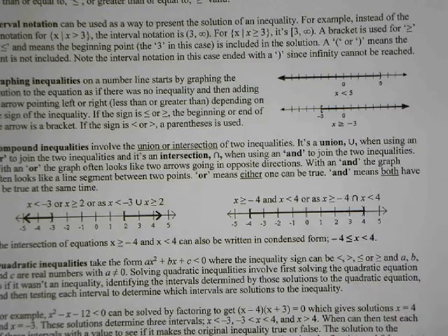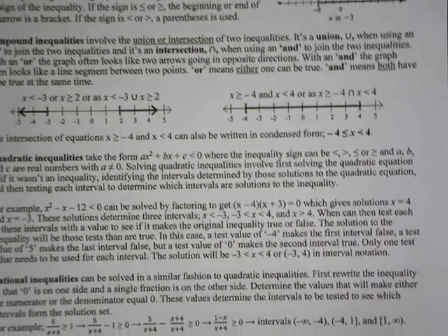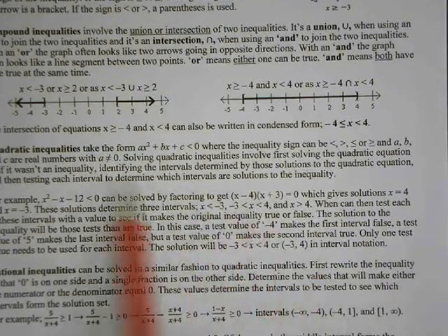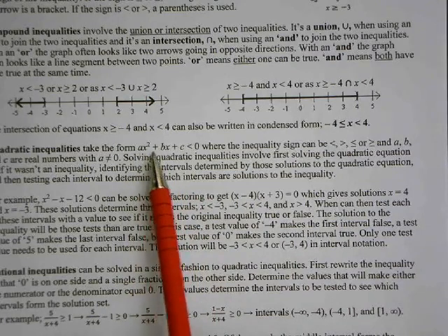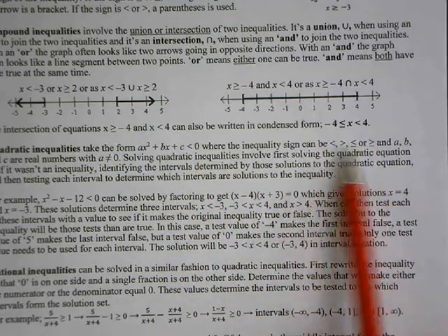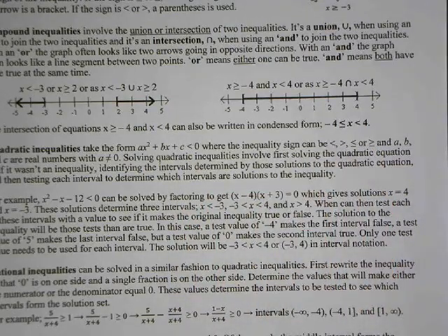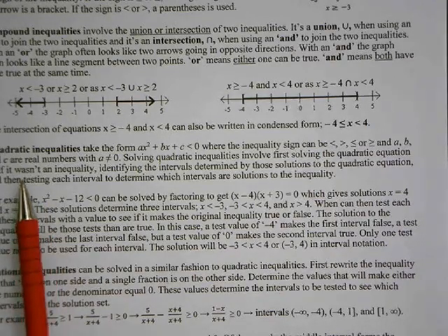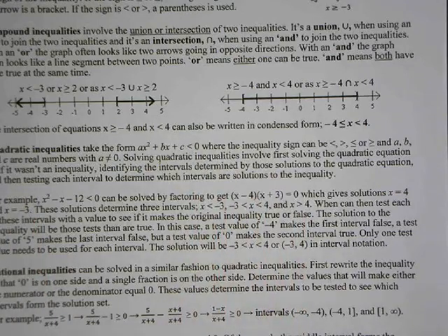Now, when you have a greater than or less than that goes with a quadratic, in other words, like ax squared plus bx plus c is less than 0, could also be greater than 0. Any of these symbols would make it an inequality. Solving the quadratic inequality involves first solving the quadratic equation as if it was an equal sign, as if there wasn't an inequality.